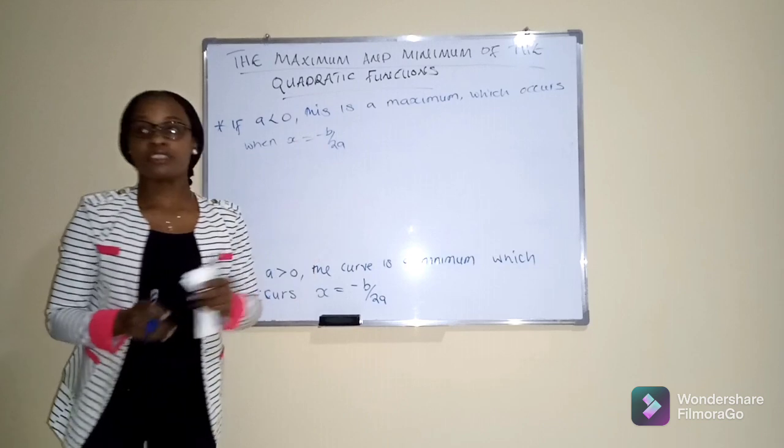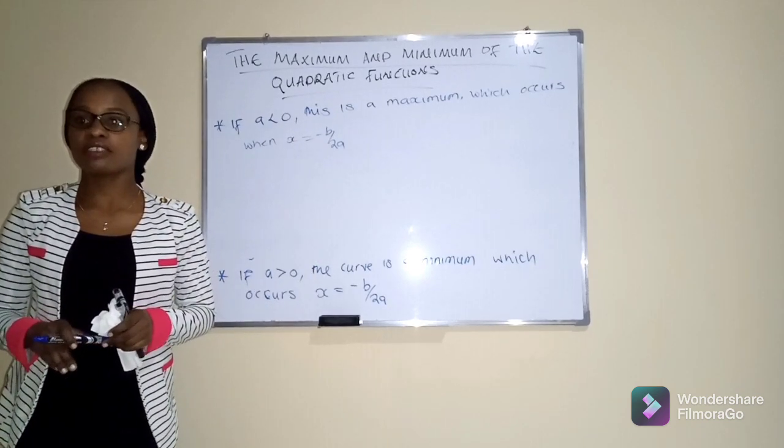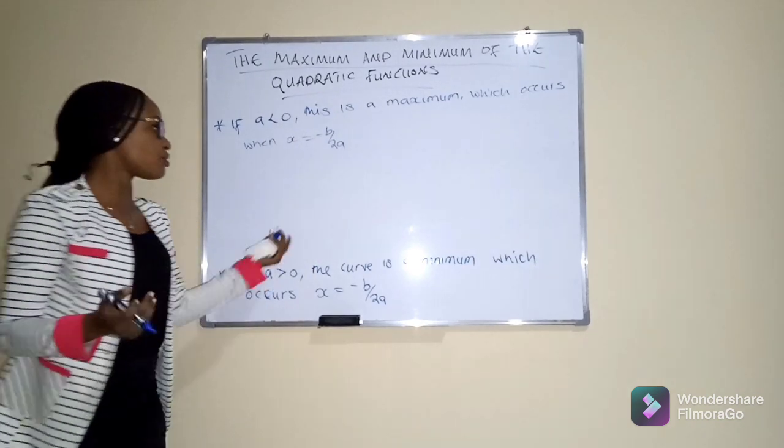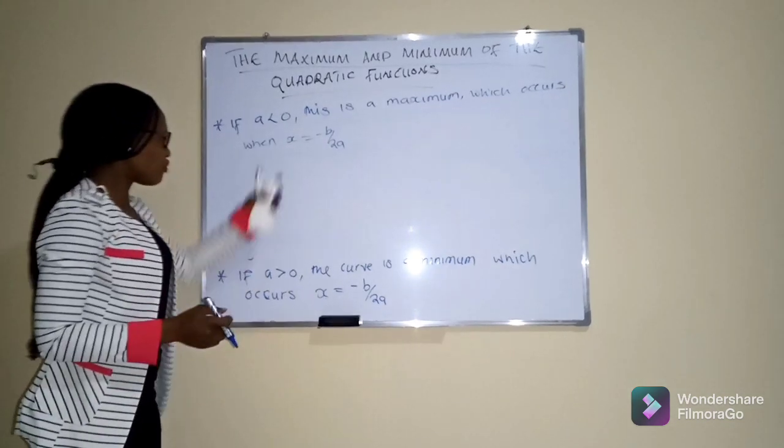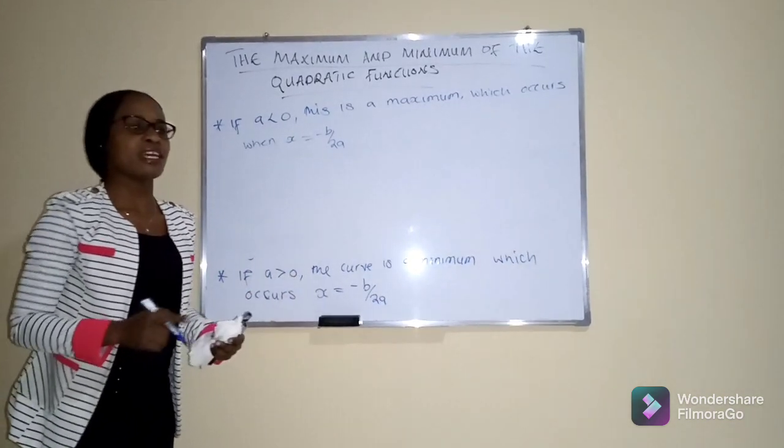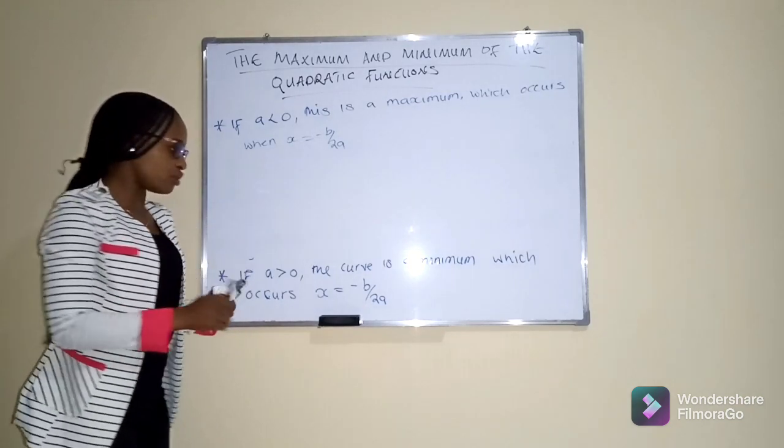So we're just basically talking about these turning points. If we have the maximum, then the graph is turning from the top.